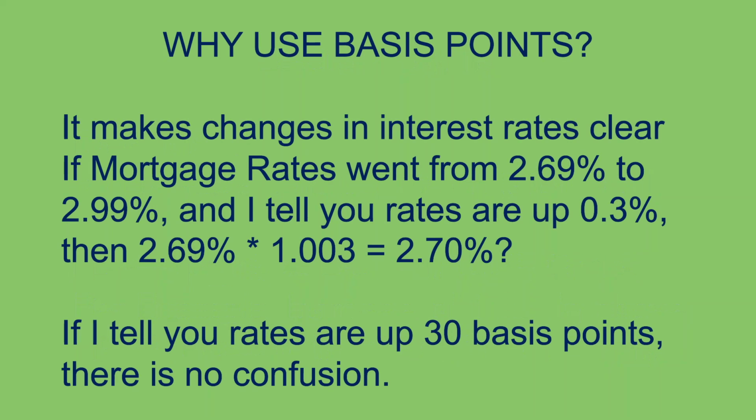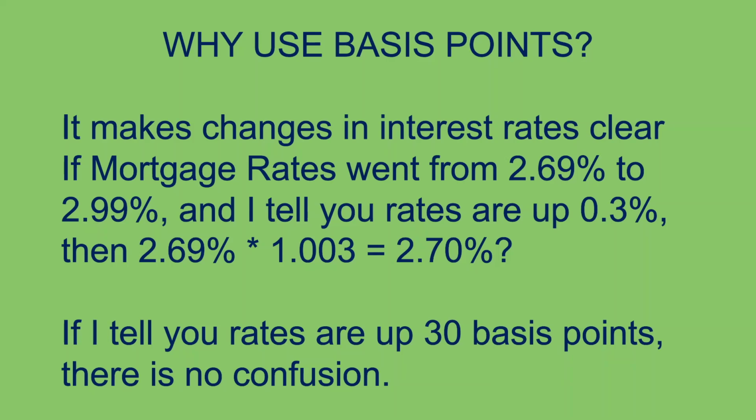Why do we use basis points? It makes changes in interest rates clear. If a mortgage rate went from 2.69% to 2.99%, and I tell you that rates are up 0.3%, you might think, okay, if I take 2.69% and multiply it by 1.003, that gives me an answer of 2.7.